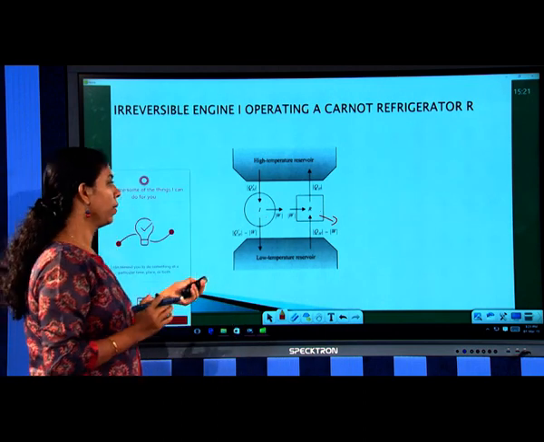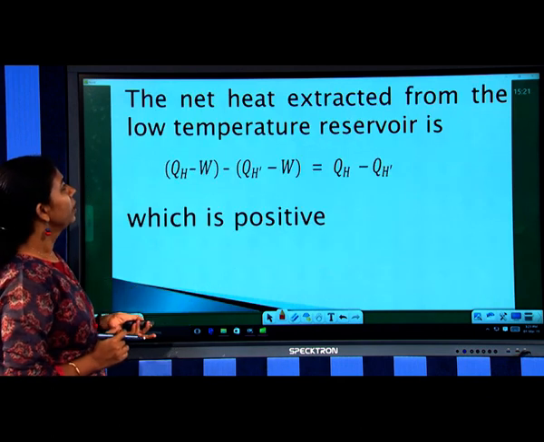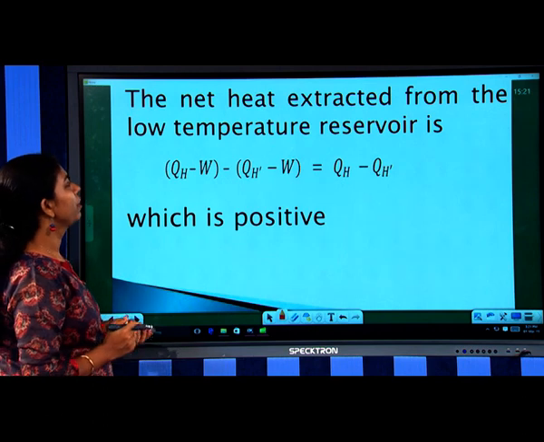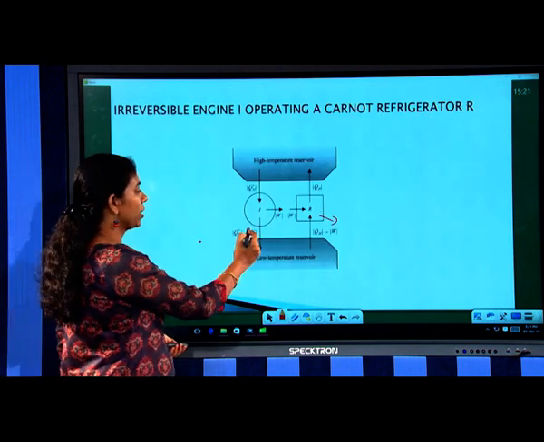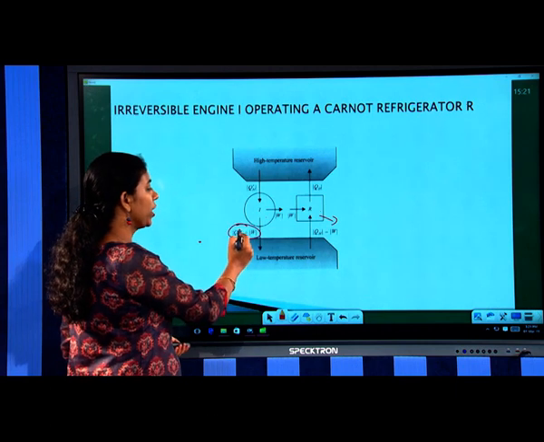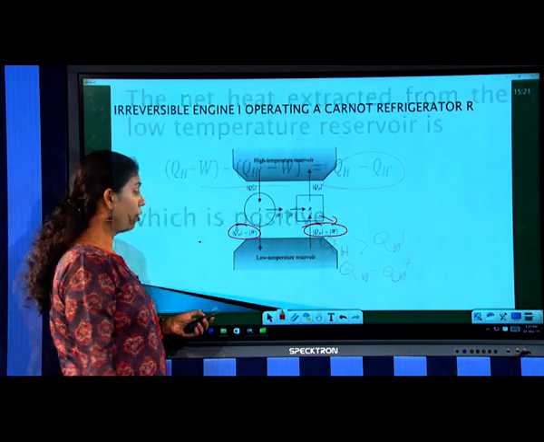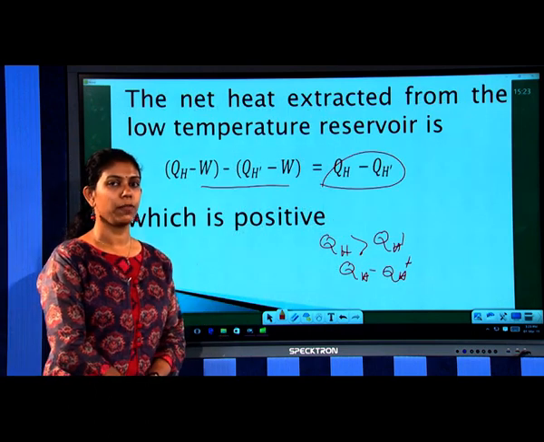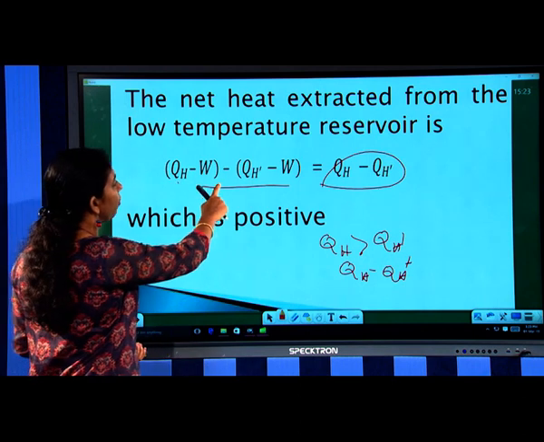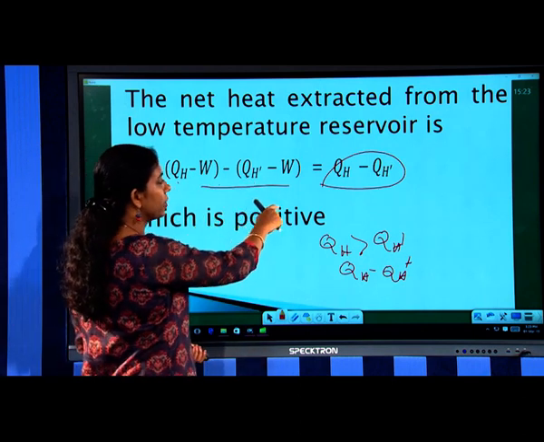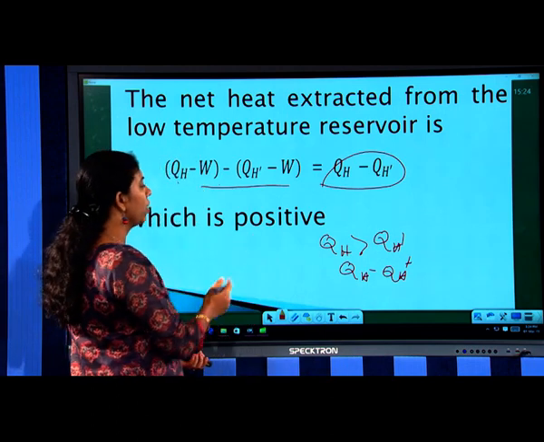Together the system acts as a refrigerator. The net heat extracted from the low temperature reservoir, from this figure, is clear: here QH dash minus W, here QH minus W. Therefore, the net heat extracted from the low temperature reservoir is QH minus W minus QH dash minus W, which is equal to QH minus QH dash, which is positive.